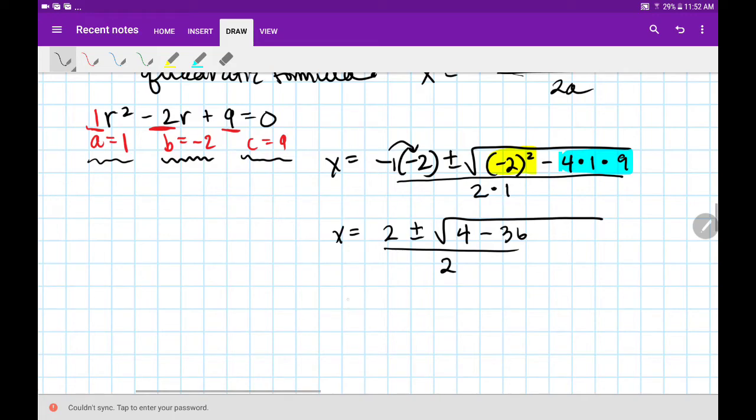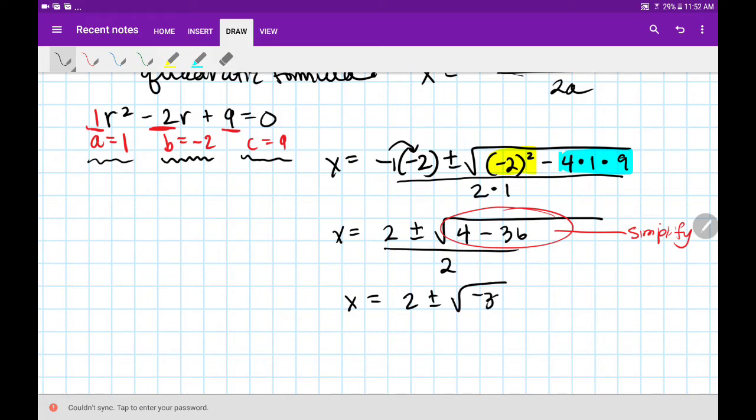Let's keep going. X equals, now we need to simplify this part. Make a note. Keep going until it's all simplified down. So I've got 2 plus or minus 4 minus 36 is negative 32 all over 2. And we've got to simplify that yet again.